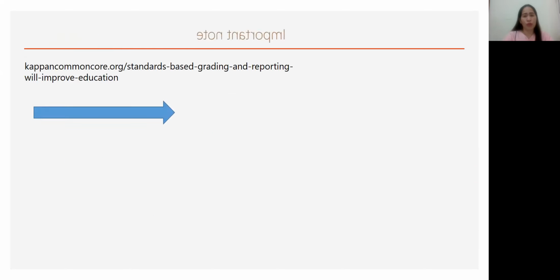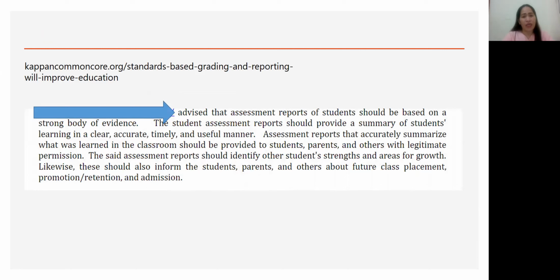An important note is that it is advised that assessment reports of students should be based on a strong body of evidence. The student assessment report should provide a summary of students' learning in a clear, accurate, timely, and useful manner.